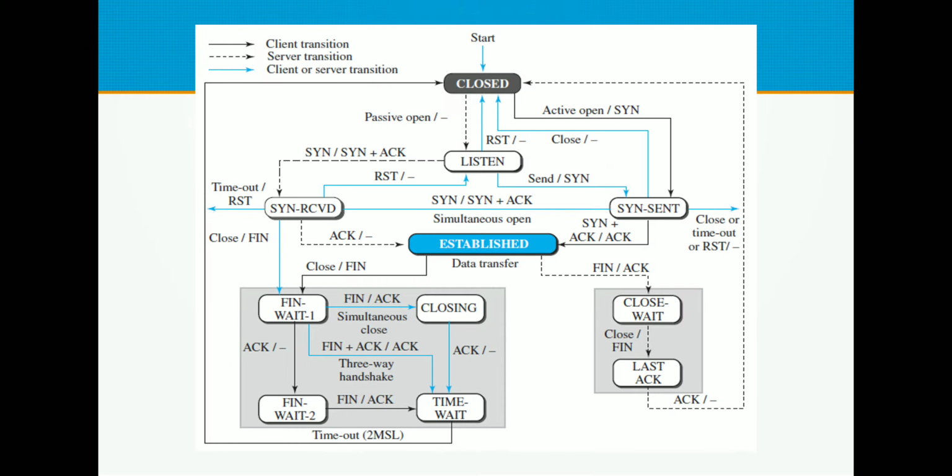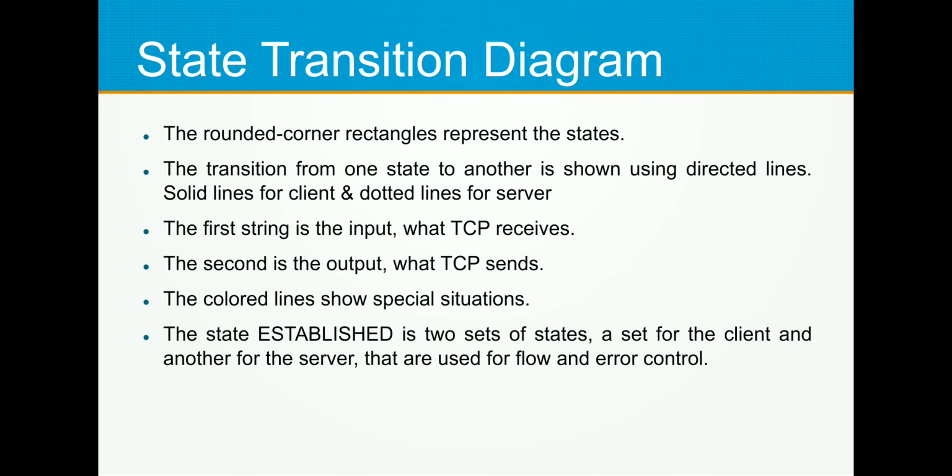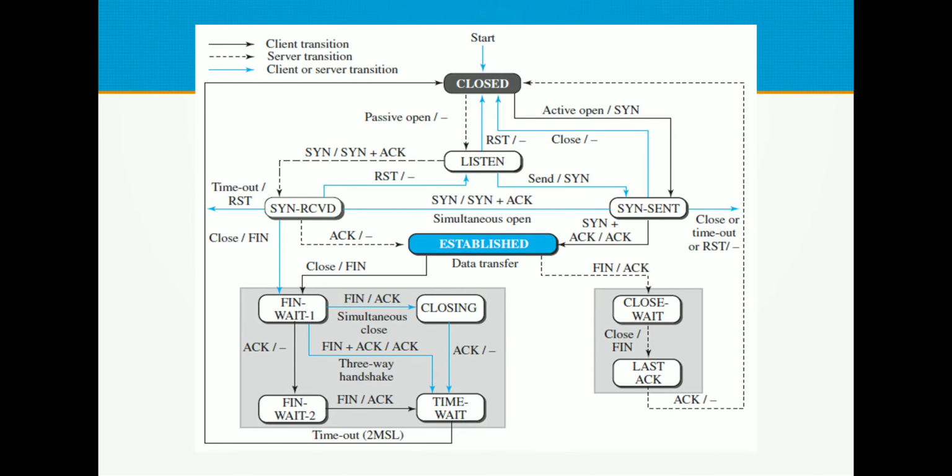Okay, so the one that you see in the diagram here represents the TCP state machine, and it is actually a collection of two sets of states used by both the client and server. These are actually clubbed into a single diagram. When you are looking at the diagram, you have to understand certain representational features.